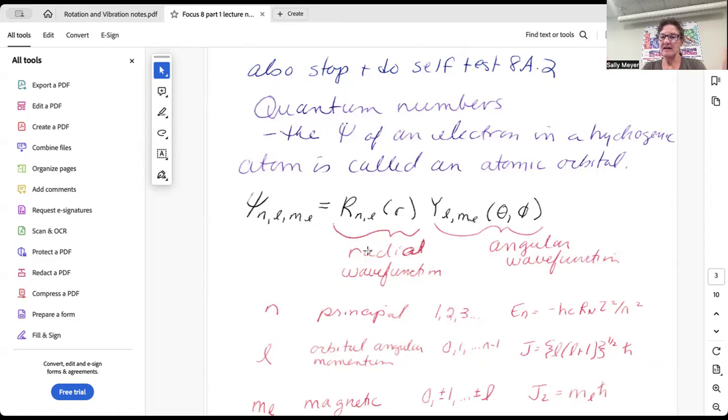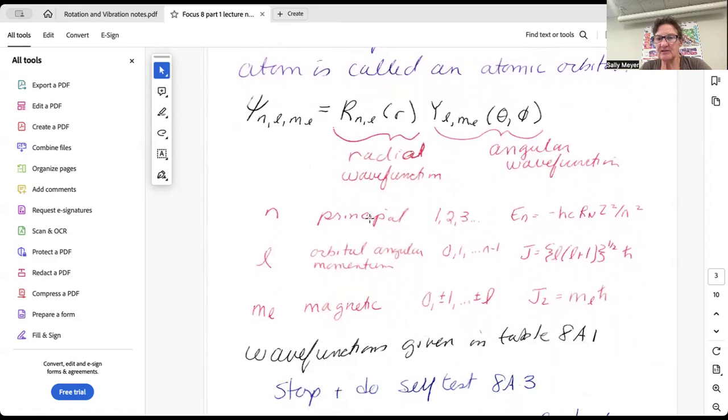So the Y, L, M sub L is the wave function for the angular component. And then you can also separate it now and get the wave function for the R dependence. So this says that capital R is the wave function. That's a function of little r, the distance of the electron to the nucleus. It's going to be a function of two quantum numbers, n and L.